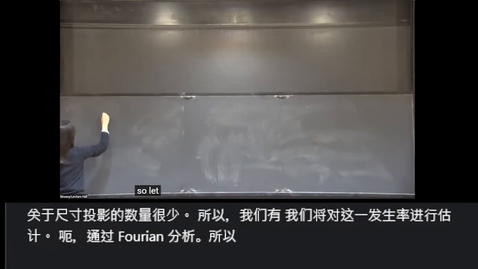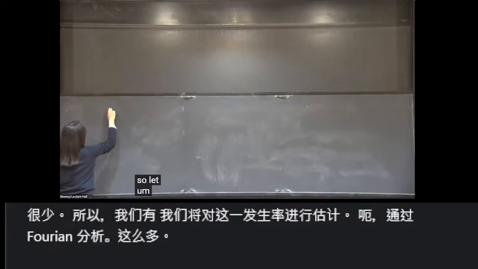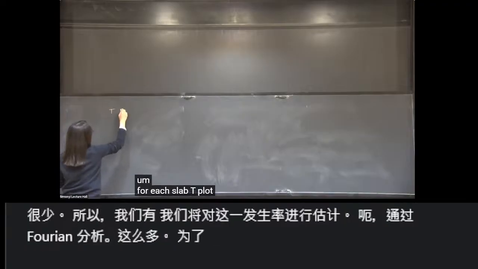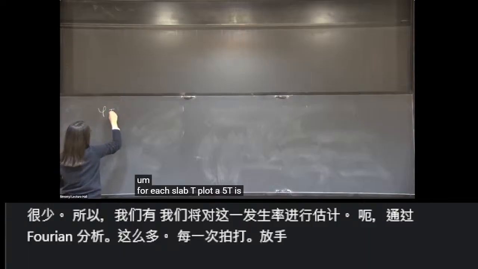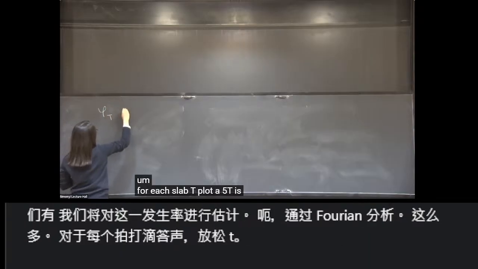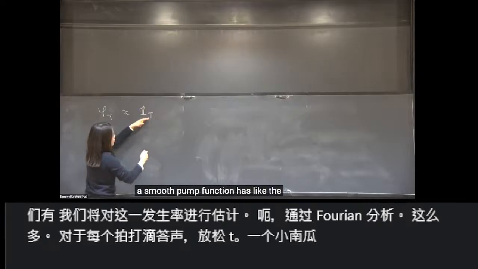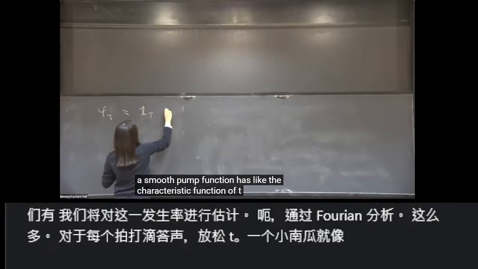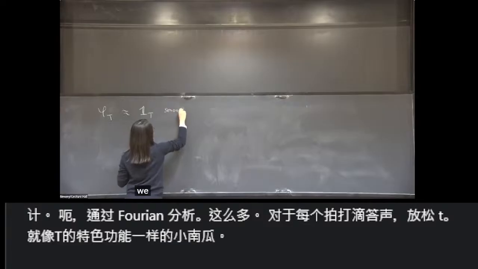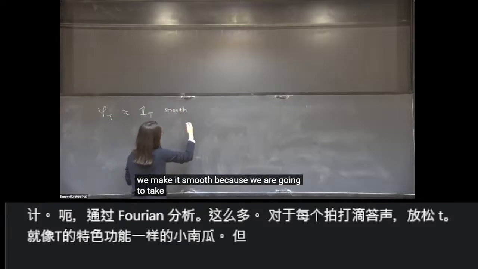So for each slab T, let phi T be a smooth bump function that's like the characteristic function of T. But we make it smooth because we are going to take the Fourier transform.